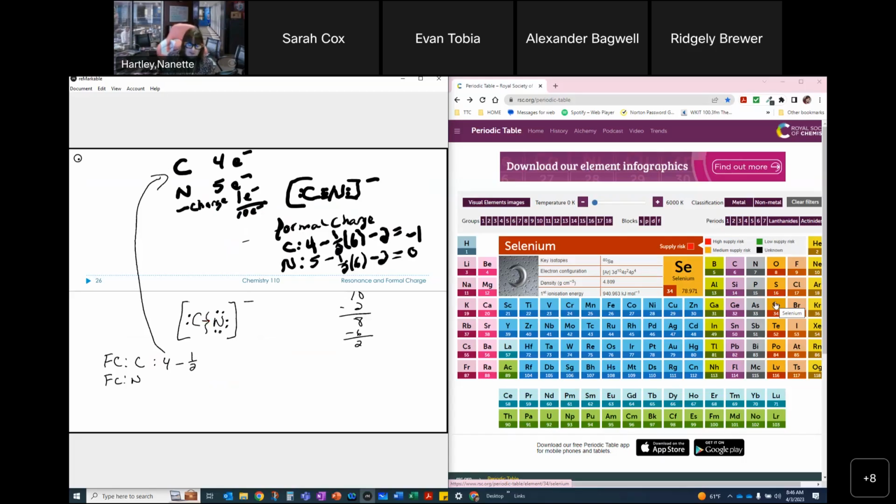So I assign that bond 1 electron to the carbon, 1 to the nitrogen. So half of that 2 would give me 1 that's assigned to the carbon, and then minus its lone pairs, it's got 2 electrons in that lone pair. So that's going to give me 4 minus 1 minus 2 gives me plus 1. So it has a charge.